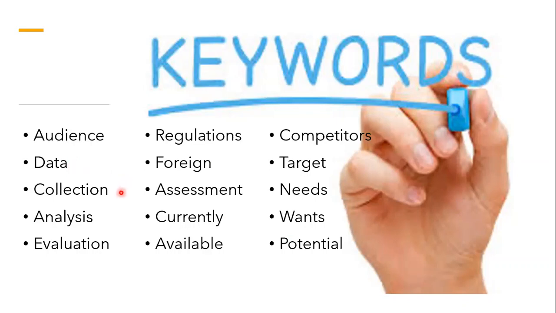Collection. Okay, do you have a collection of anything? Maybe you collect magnets. Maybe you collect pens. Well, there are all kinds of collections. It's like pick up. You collect. You have information all around you. In a market, it's really important you collect the necessary information to generate your data from your audience.